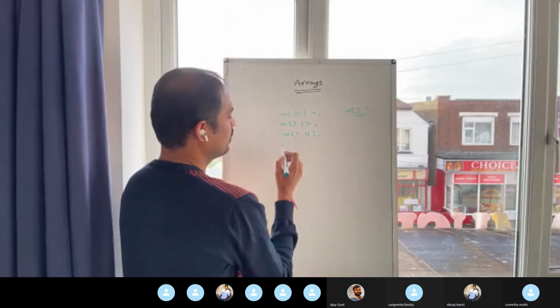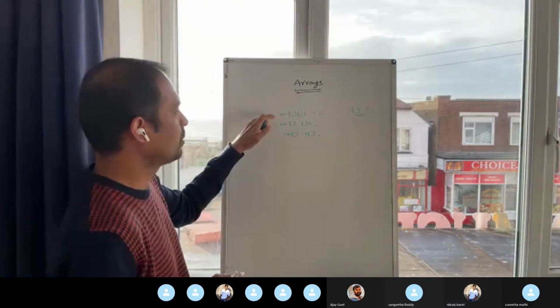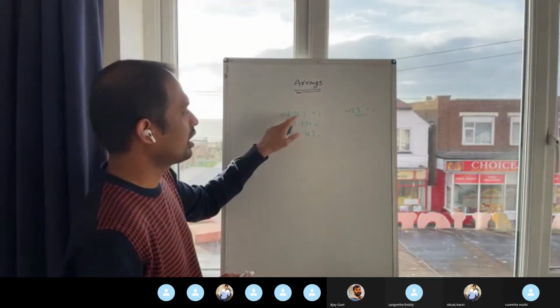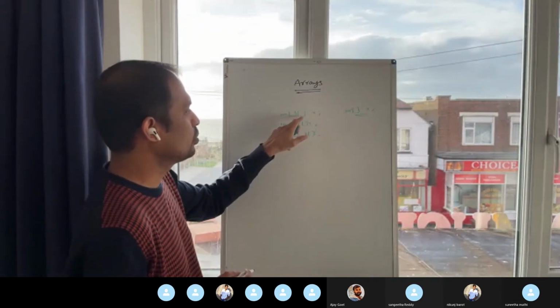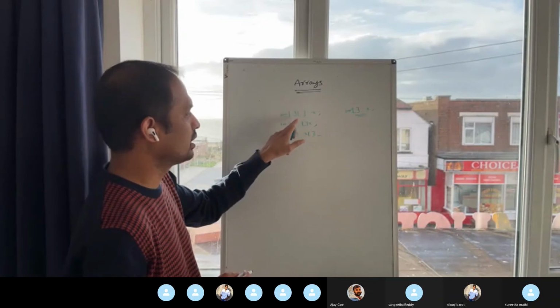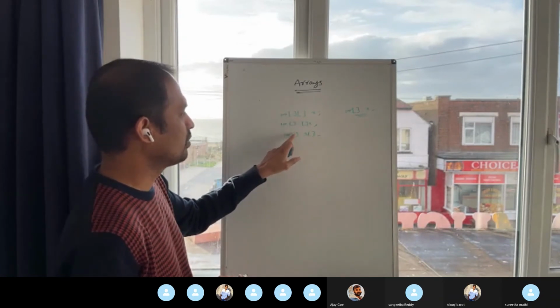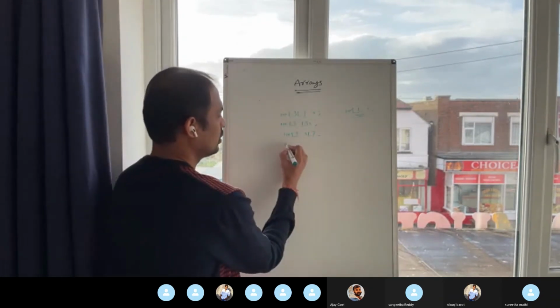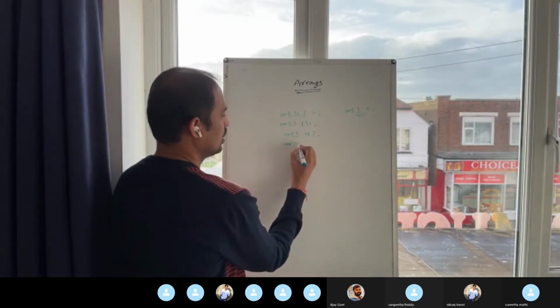So if I want to declare a variable as a two-dimensional array, int with 2 square brackets, x, because it's a two-dimensional array: one dimension, second dimension.